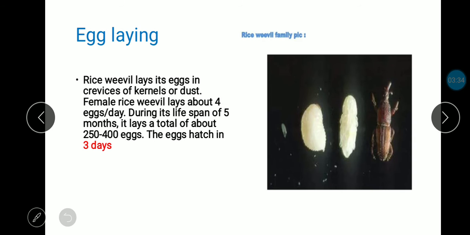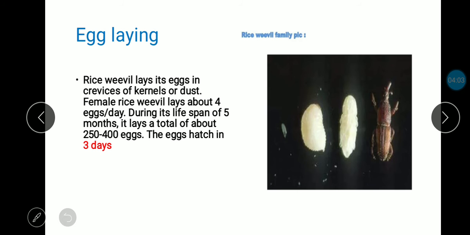Egg laying of the rice weevil takes place in crevices of kernels or dust. A female rice weevil lays about 4 eggs per day. During its lifespan of 5 months, it lays a total of about 250 to 400 eggs. The eggs hatch in 3 days.